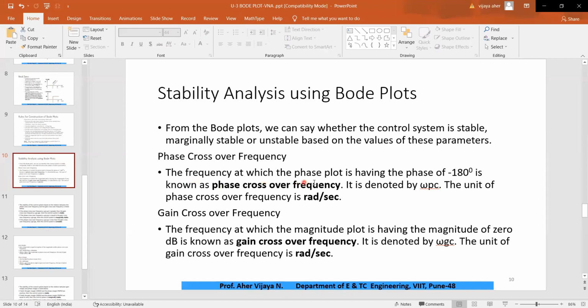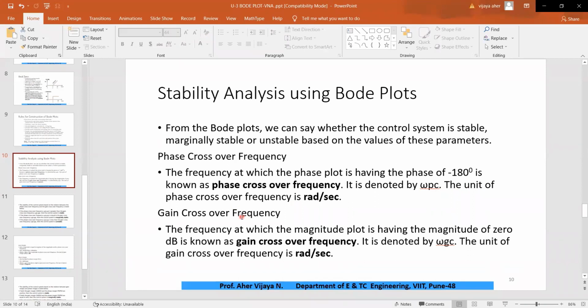It is denoted by a letter omega suffix PC. That is phase crossover. PC is phase crossover frequency. The unit of phase crossover frequency is radian per second.